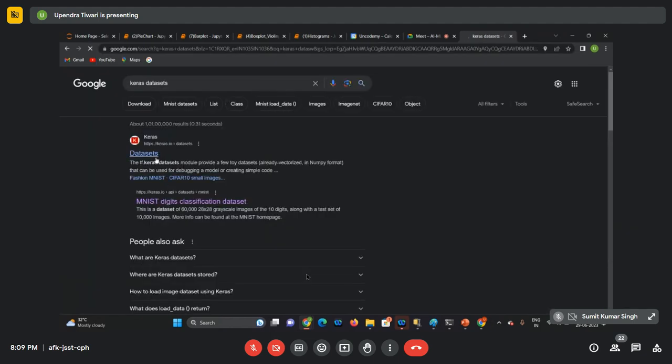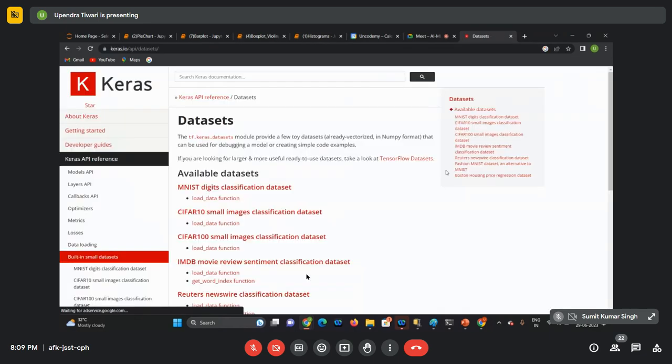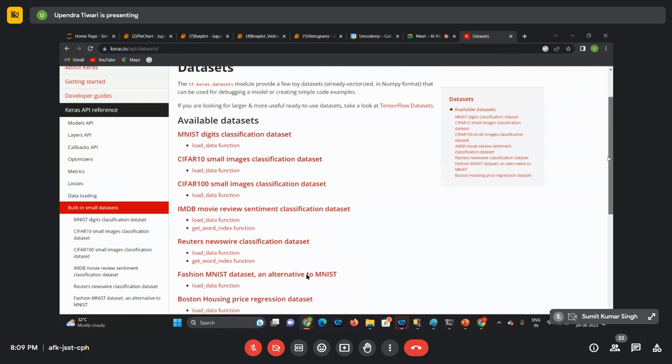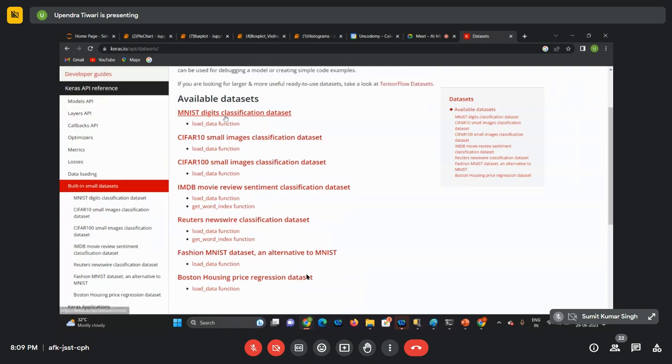These are the different inbuilt datasets in Keras: MNIST digit classification, CIFAR10 small images classification, CIFAR100, Boston house pricing, Fashion MNIST, Reuters newswire. So these are the different datasets you have.